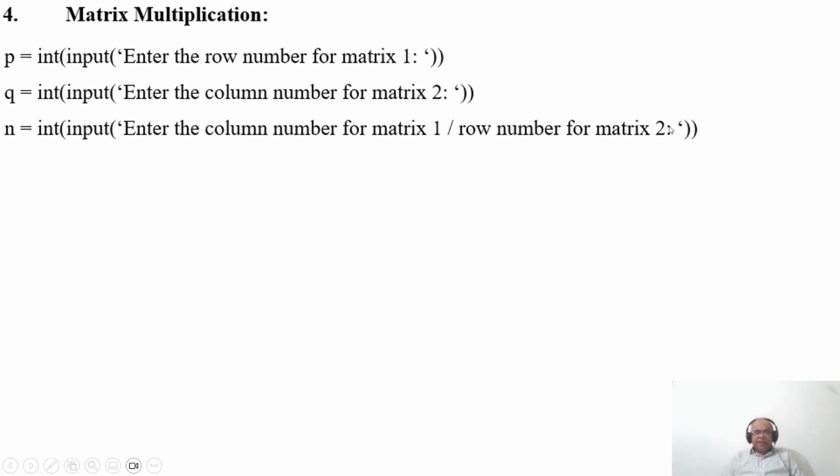So that means P into N for matrix 1 will be equal to N into Q for matrix 2. So what is going to be the resultant of the matrix?